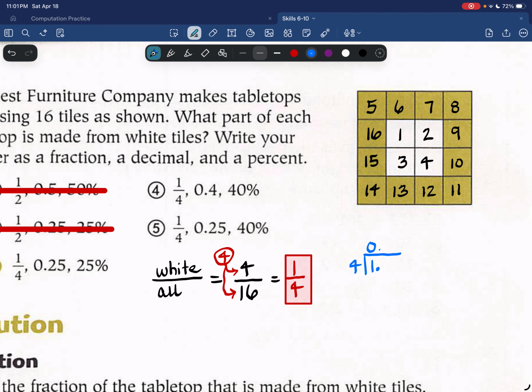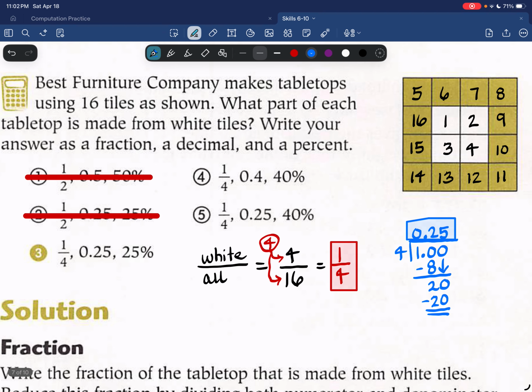So you would add a decimal and 1 0. 4 into 10 goes 2 times. That's 8. So there's 2 left. Add another 0 and bring it down. And 4 into 20 is 5 with nothing left. It terminates right there. So the decimal is 0.25.